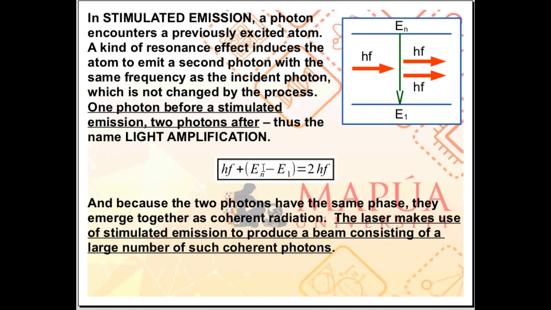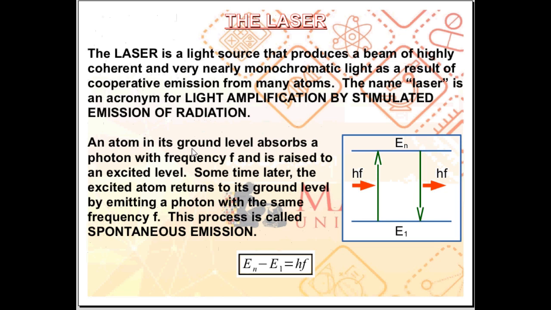The atom goes back to a lower energy level, En minus E1, resulting in two photons with the same frequency, equal to 2hf. Stimulated emission, light amplification. Thus the name, light amplification by stimulated emission of radiation, laser.